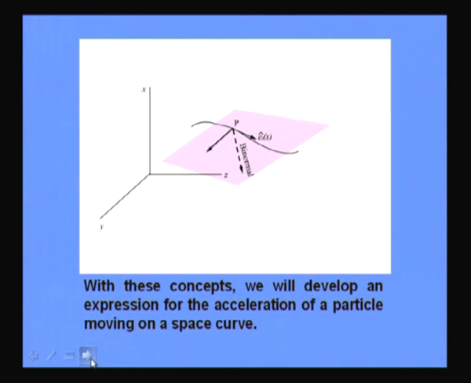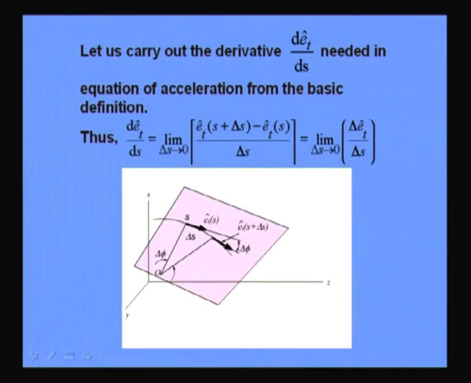Now with these concepts, we will develop an expression for the acceleration of a particle moving on a space curve. We need to find the derivative det by ds, where et is the unit tangent vector. It is needed in the equation of acceleration.